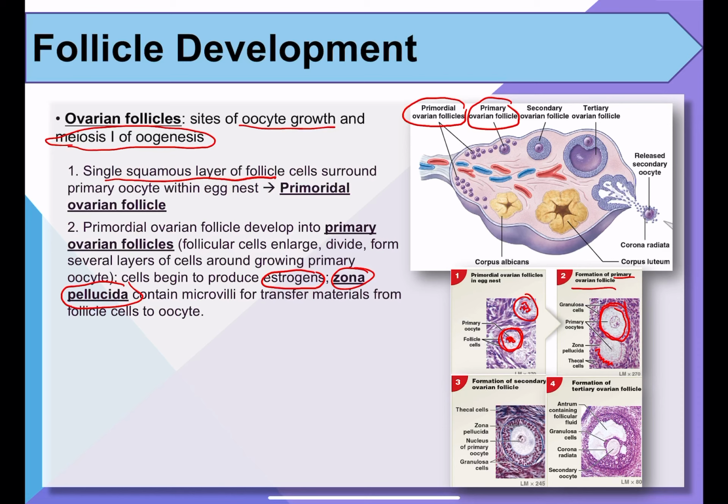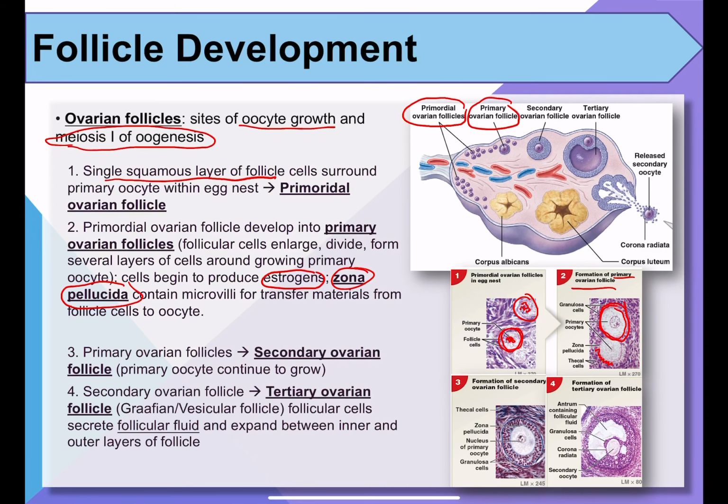Because the follicular cells, like I said, are the nurturing part of the egg, they are responsible for providing nutrients to the growing egg. Then the primary ovarian follicle will become a secondary ovarian follicle. Eventually it will get bigger and start to form what's called the tertiary ovarian follicle, which has two other names, either Graafian follicle or vesicular follicle.